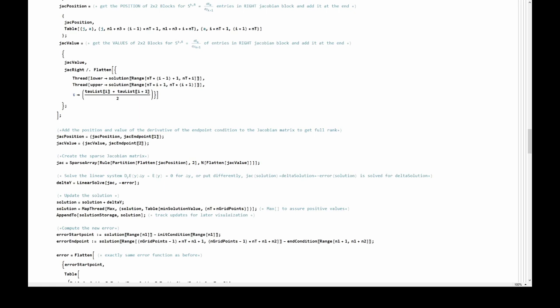So with all this at hand, we can now calculate the Jacobian matrix as it is. So we take the values and we take the positions and we basically create this sparse array or sparse matrix in this case with the location information, the position information and the value information that we previously just calculated.